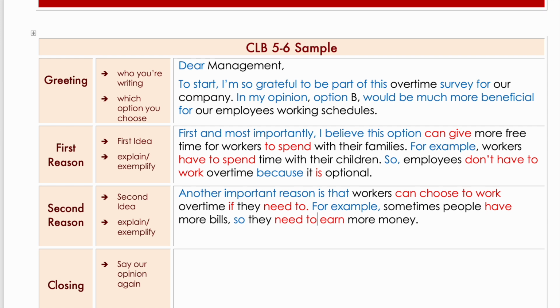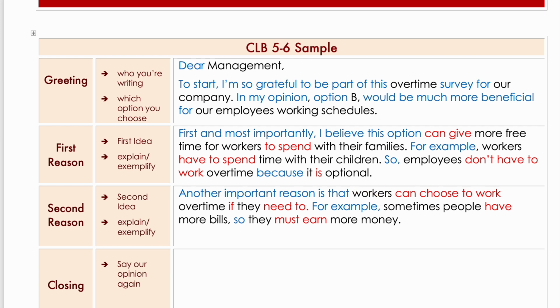Just giving you more examples that you can use. Okay, or you can put should as well. Should. What is the difference? Well, must is very, very strong. Like they must. You have more bills to pay, so you must earn or make more money. Okay, so then we gave an example.